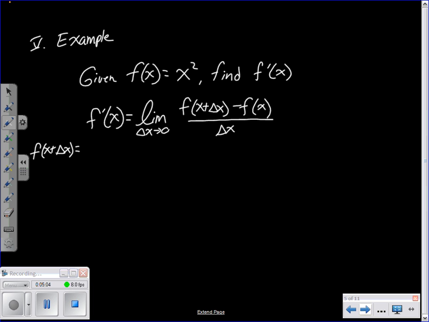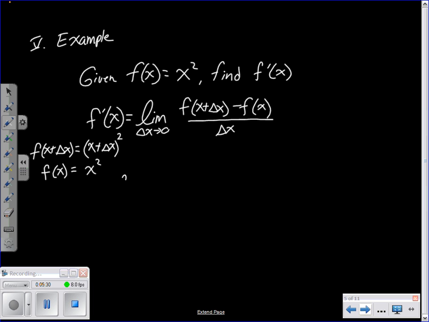All this is, is we're taking our independent variable x and applying a horizontal translation just to the left by a value of delta x. So what I could do is replace my independent variable x in my function with x plus delta x, and then the piece that's squared still remains. And I know that f of x is just x squared.